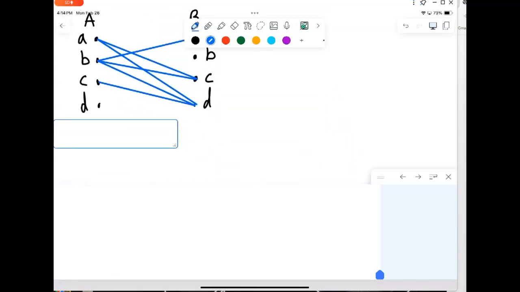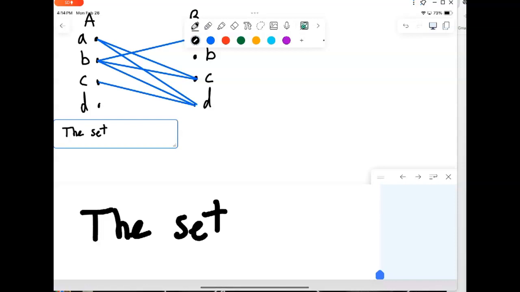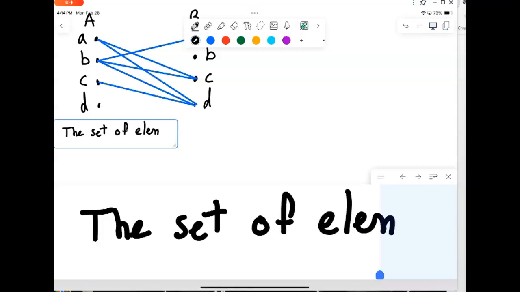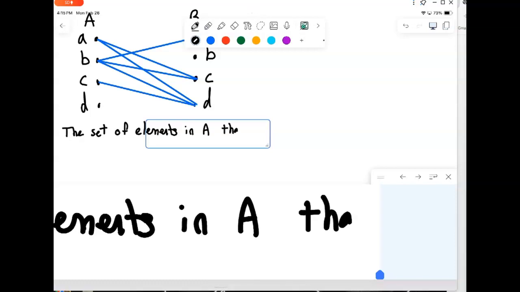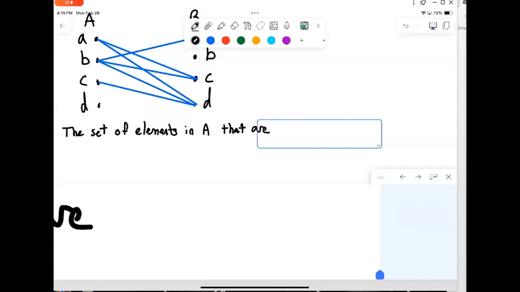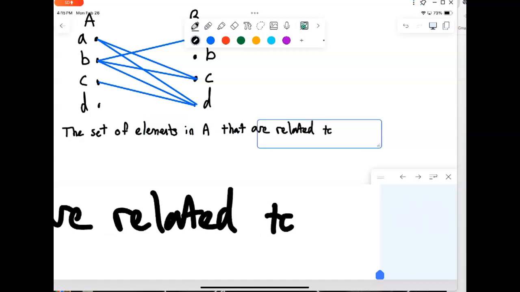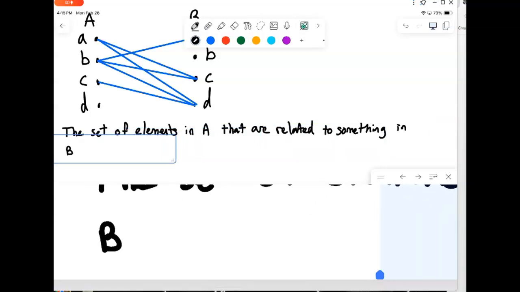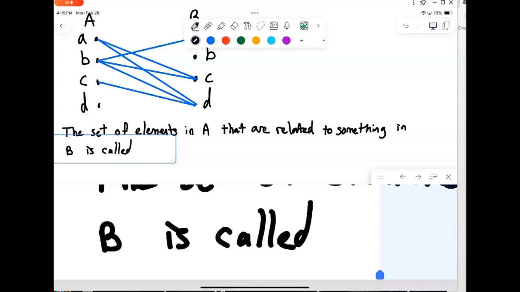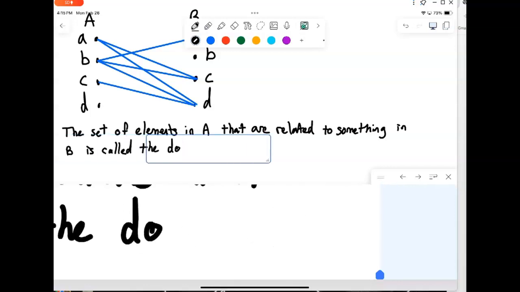We say the set of elements, or objects, another name for those is objects, the set of elements in A that are related to something in B is called the domain of the relation.